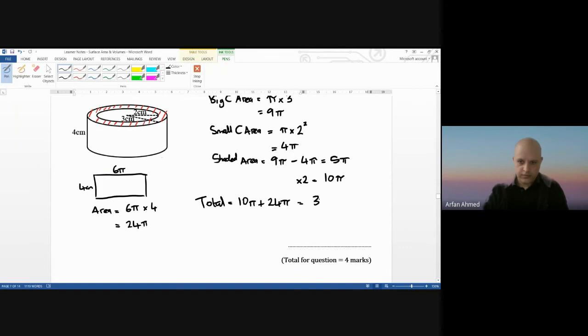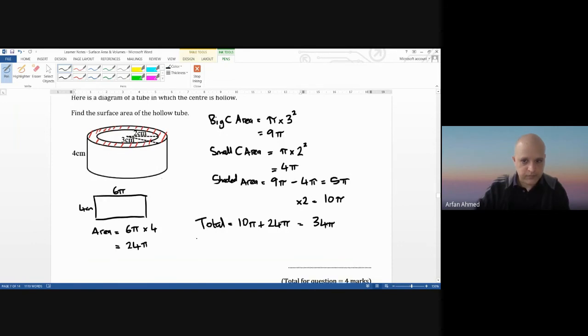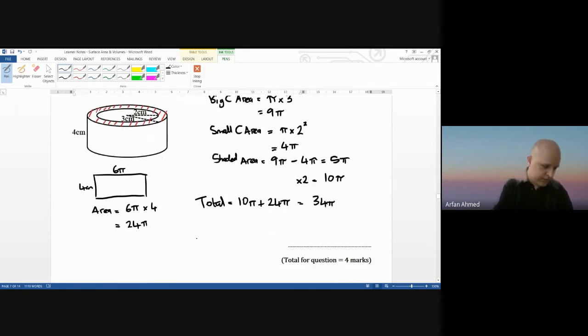plus 24 pi, which is 34 pi. So if it said give it in terms of pi, I would leave it like that. It doesn't say that though. Let's just do it as a decimal. 34 pi, which is 106, not 104. 106.814.